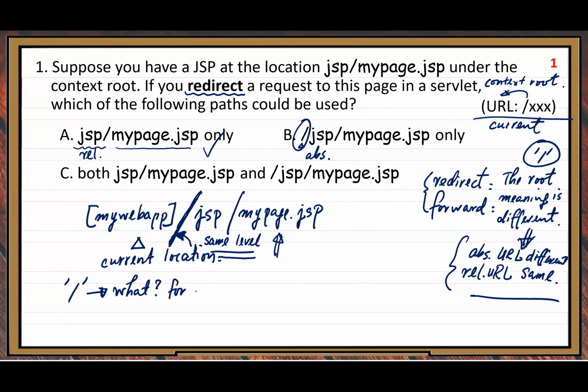For redirect, that's the main question. For forward and redirect, it's different. Because this question is for redirect, let me just talk about the redirect case. Later, I talk about the forward case.